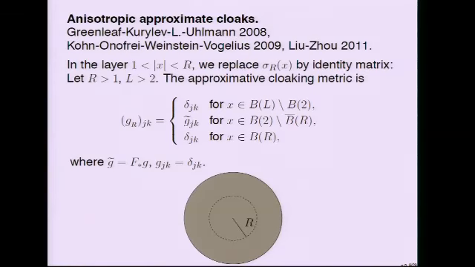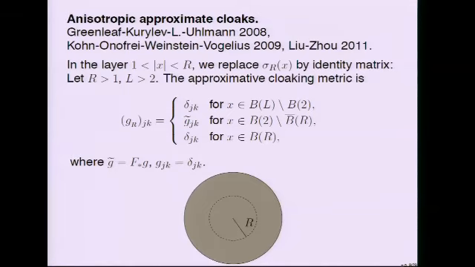One reason to consider these approximative cloaks is that perfect cloaks are singular. So one has to work very hard to think what is the appropriate sense to define the solutions. For approximative cloaks, the materials are not singular, and there is no question that the solutions can be defined in the standard way.